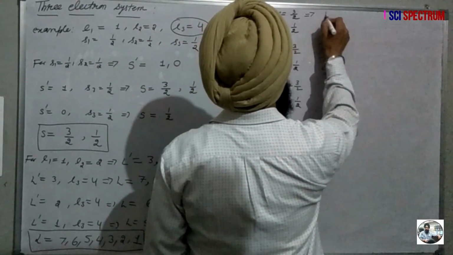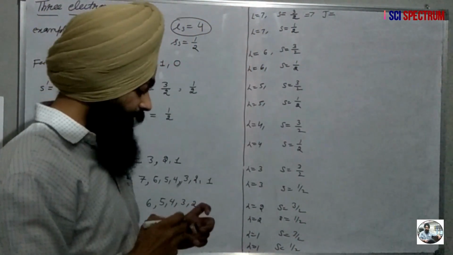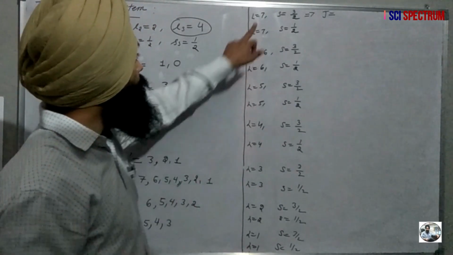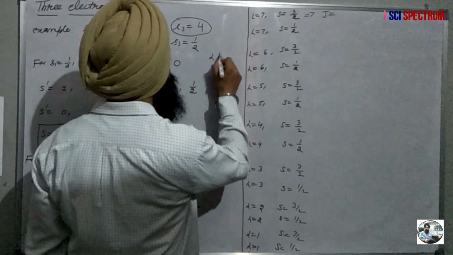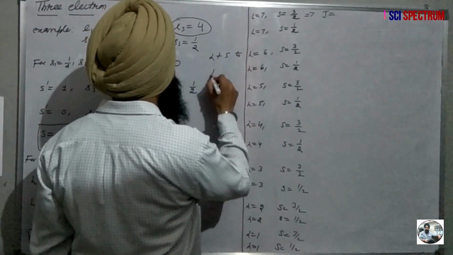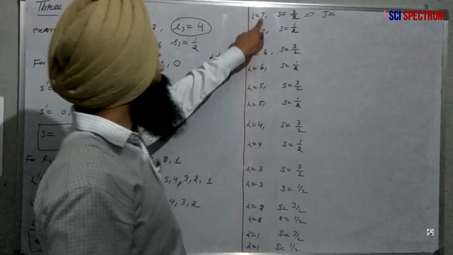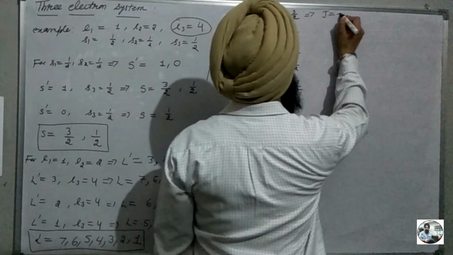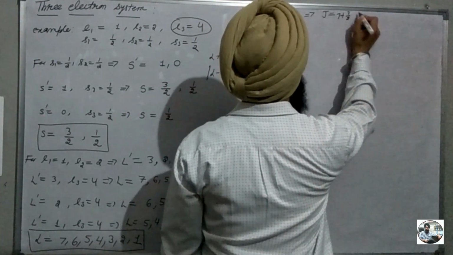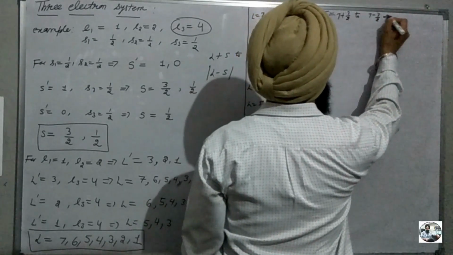The value of J is calculated according to our previously discussed procedure: L plus S to mod of L minus S. So 7 plus 3 by 2, to 7 minus 3 by 2.